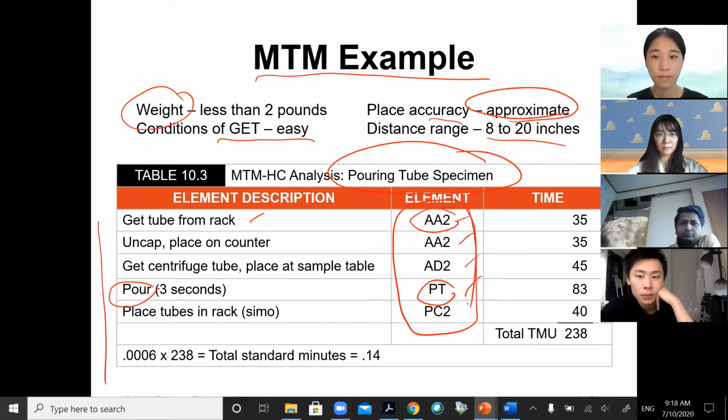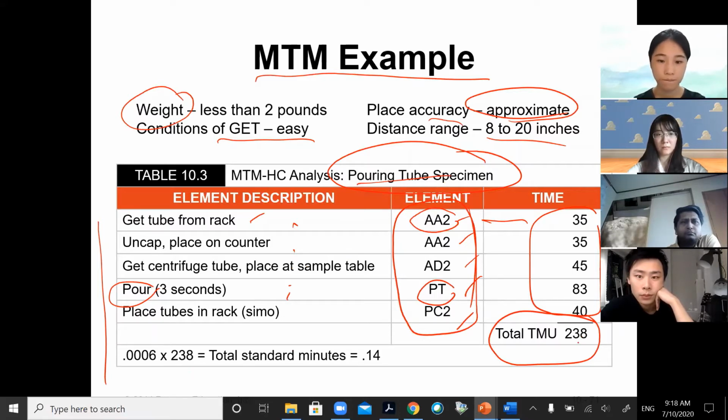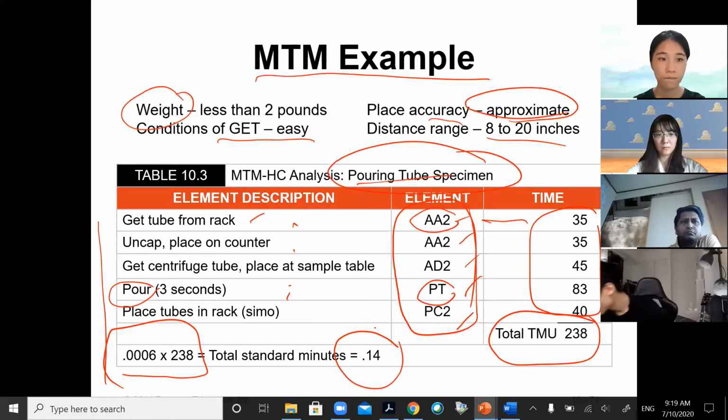These are the elements, and these are the TMUs, the total time for each element. Then you calculate the total TMU. So the total TMU for this pouring specimen is 238 TMUs, 0.006 times 238, total standard minutes, 0.14 minutes.